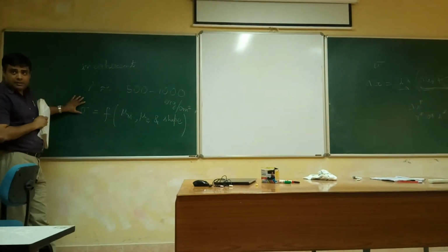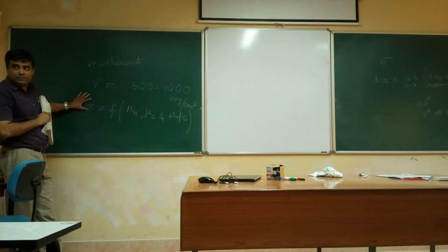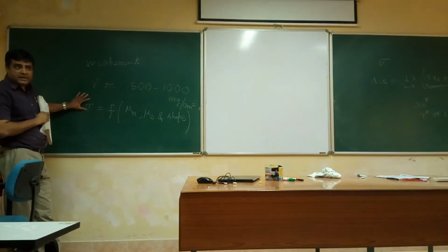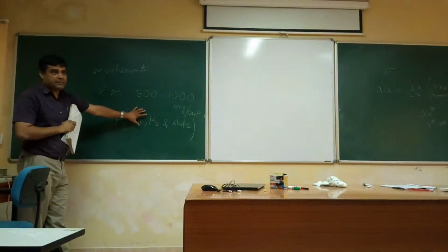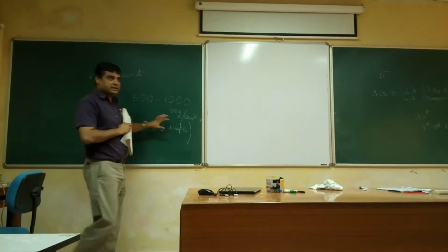So sigma, the strain energy per unit volume of the precipitate, is a function of the stiffness of the matrix, stiffness of the embryo and the shape.